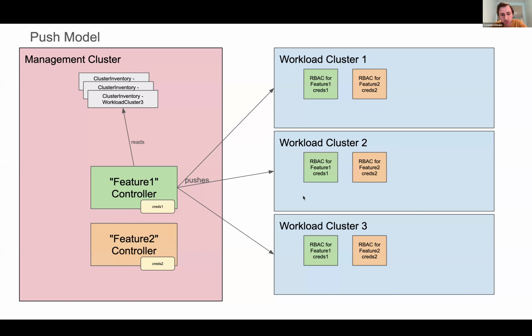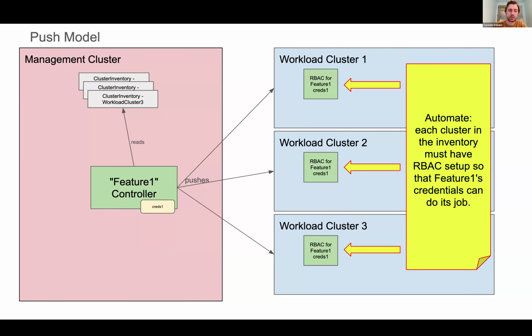And so far, it seems like for a push model, it could work pretty well. That's what Argo does, but generalized, I guess, to multiple controllers. The tricky part I was running into, and I don't know if I have this, you have to automate in every cluster.